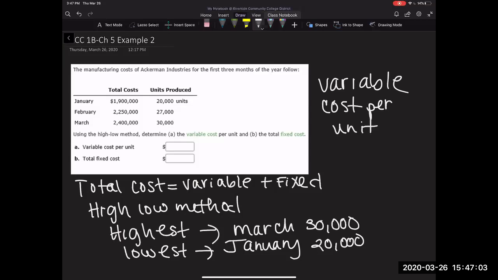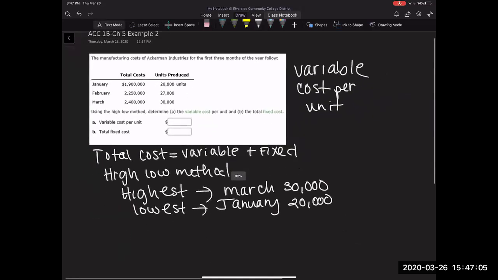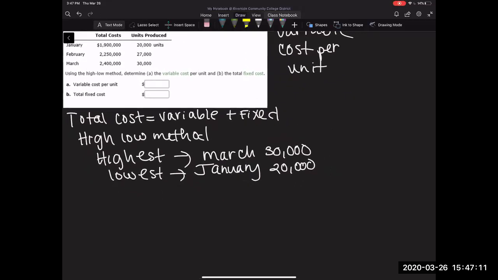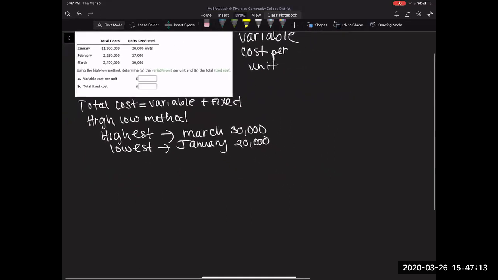All right, so to do so, I'm going to make this a little bit smaller so I can have some space to write. Okay. Our formula for the variable cost per unit equals our difference in total cost divided by our difference in units produced.